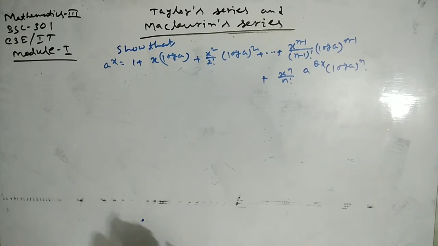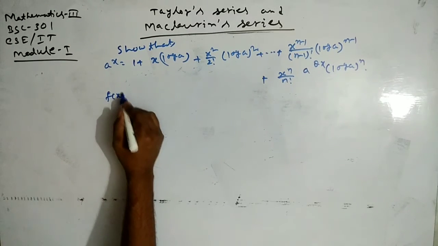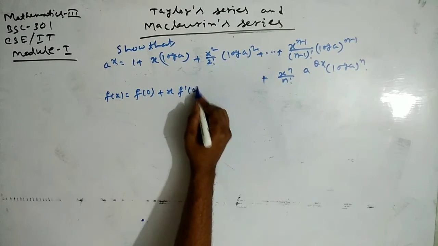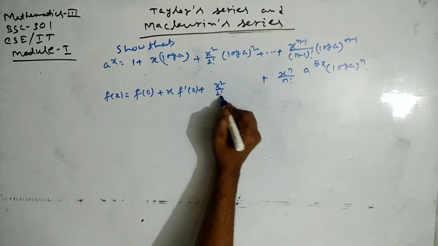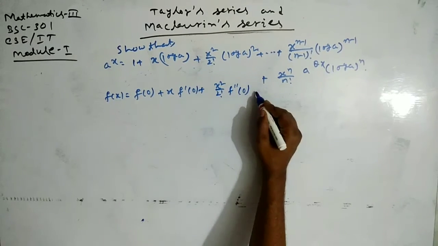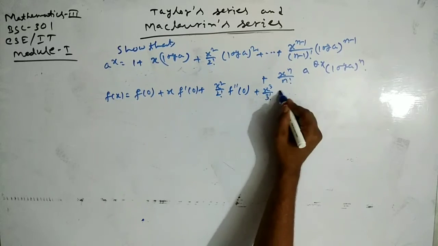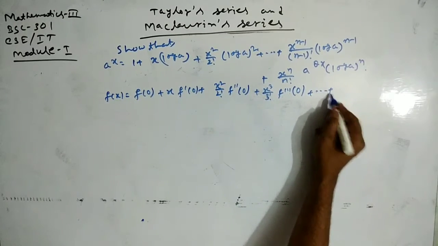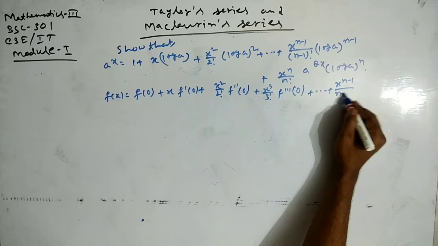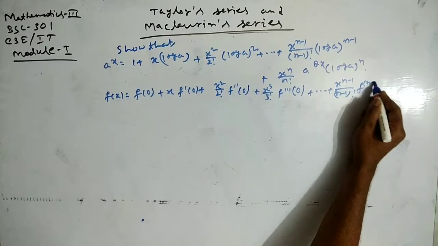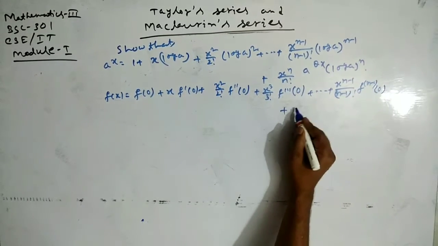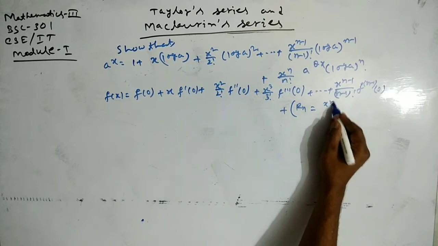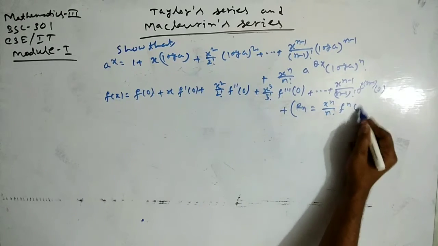So we know that Maclaurin series is f(x) is equal to f(0) plus x f'(0) plus x square by 2 factorial f''(0) plus x cubed by 3 factorial f'''(0) plus dot dot dot plus x to the power n minus 1 by n minus 1 factorial f^(n-1)(0) plus Rn, where Rn is equal to x to the power n by n factorial f^n(theta x).